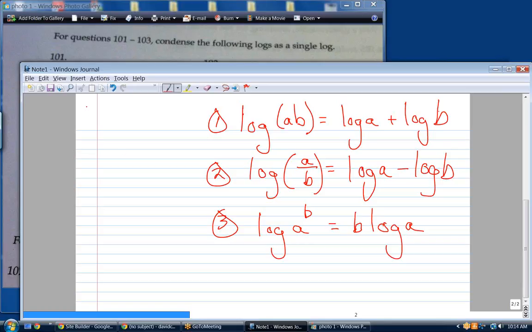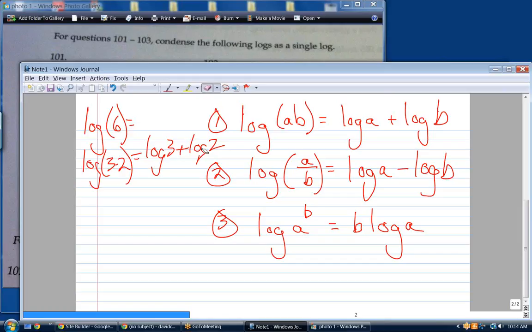Okay? So let's give an example of rule number 1. The log of 6 is equal to the log of 3 times 2. Which means it's equal to the log of 3 plus the log of 2. That's how rule 1 is applied.